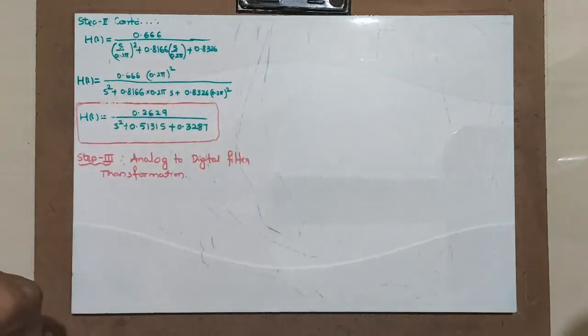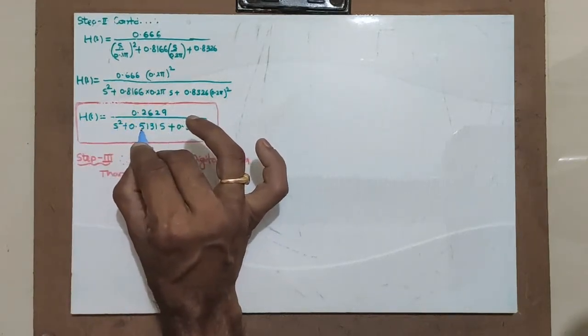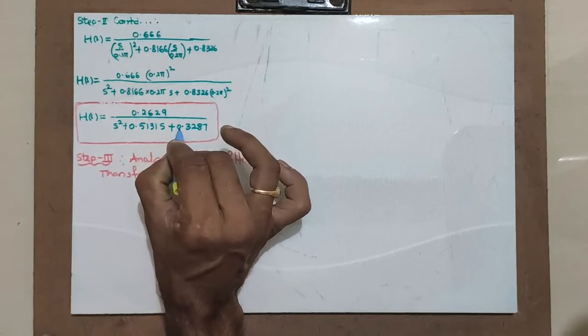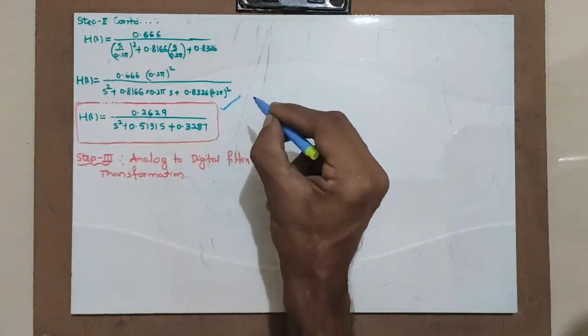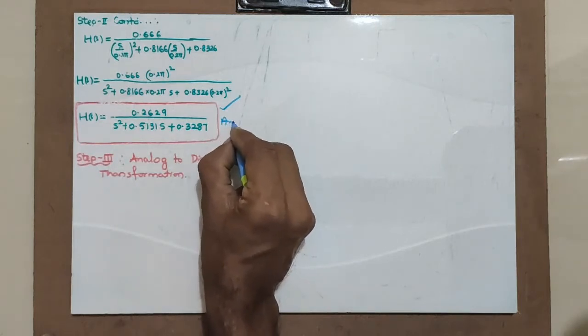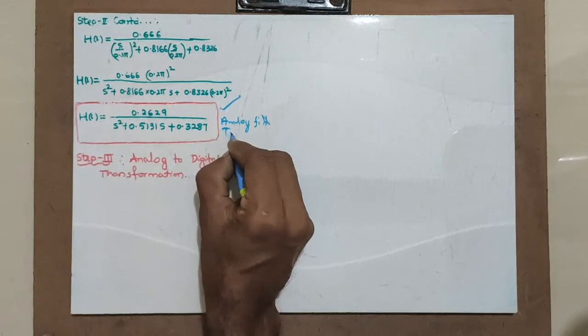You can simplify it, and the final H of s answer comes out to be 0.2629 divided by s square plus 0.5131 s plus 0.3287. Okay, this is my answer. This is the analog filter transformation.